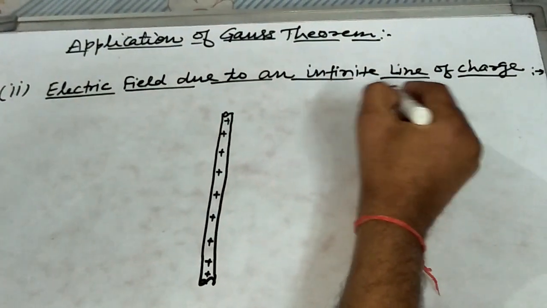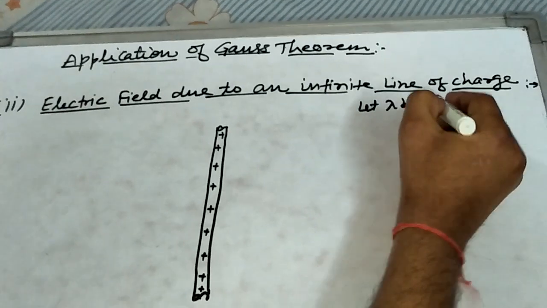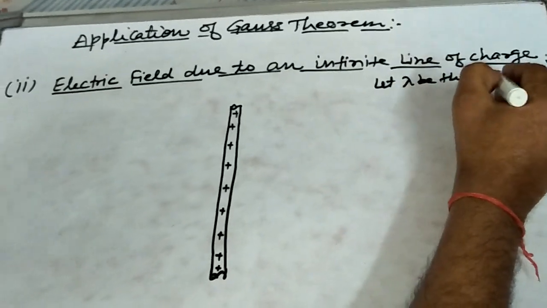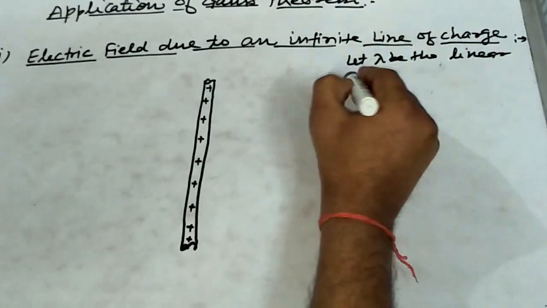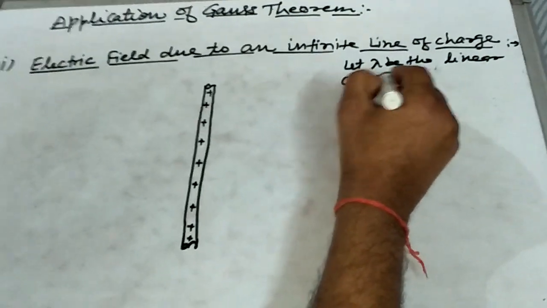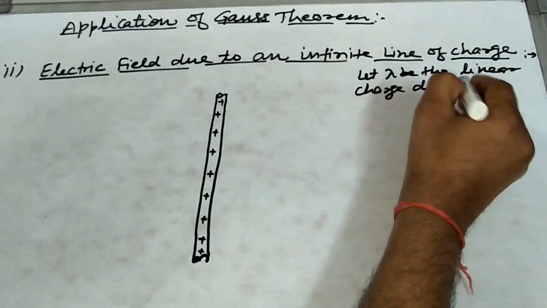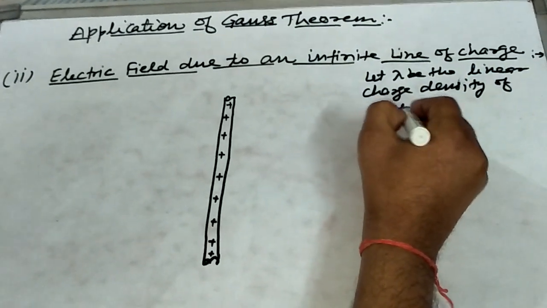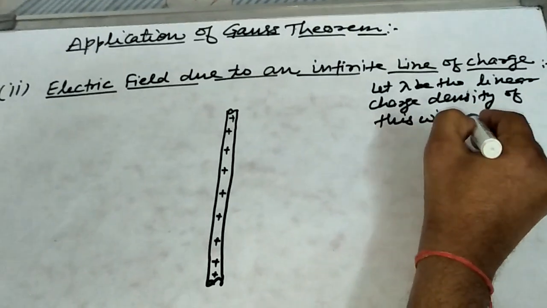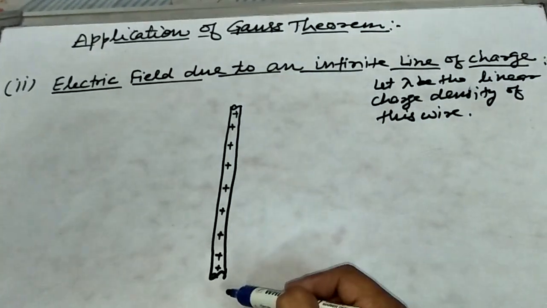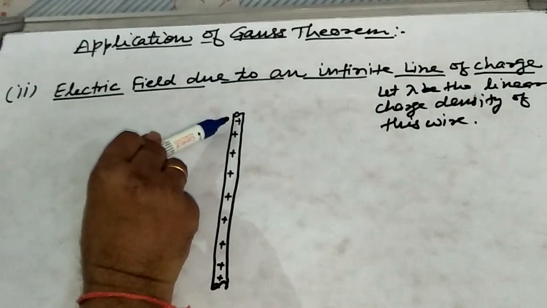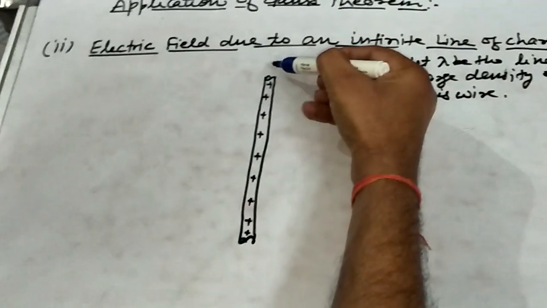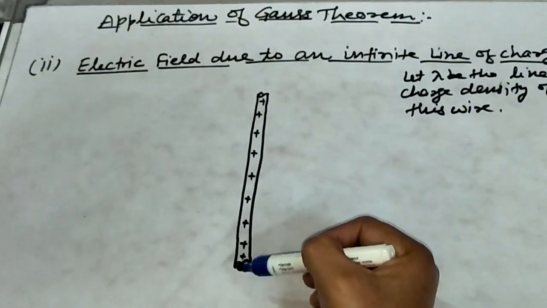Let lambda be the linear charge density of this wire. So this one is a wire of infinite length and Q amount of charge is given to it, and that charge Q is uniformly distributed throughout its length.